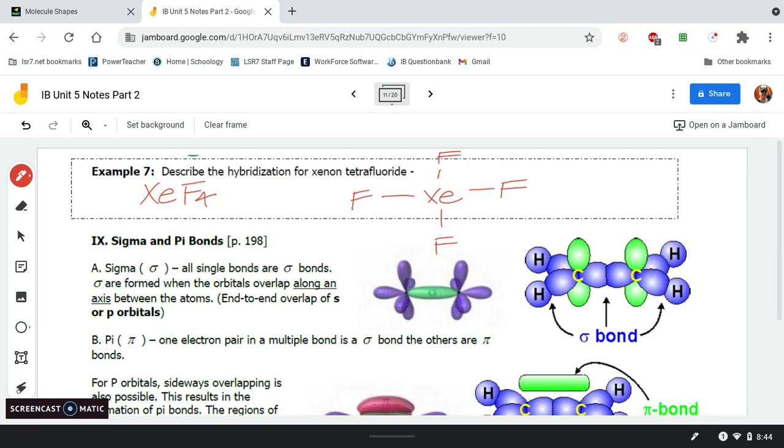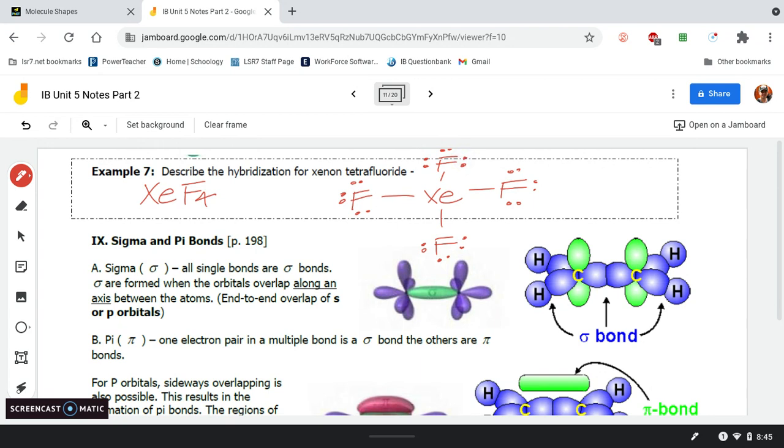And let's dot them up like so. So that top fluorine is going to be hard to get those electrons on there, so I'm going to have to give me a little more space here. Like that, like that. Okay, there we go.